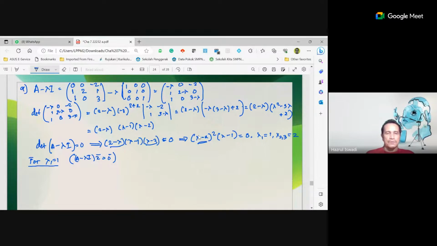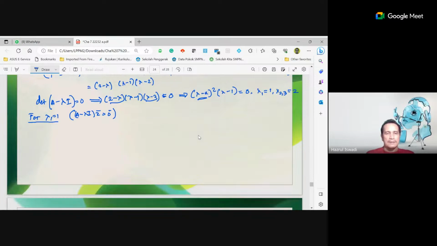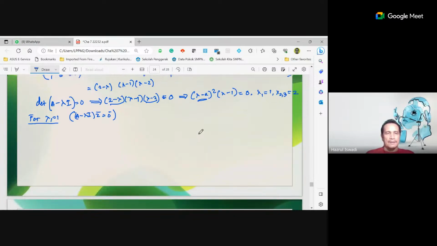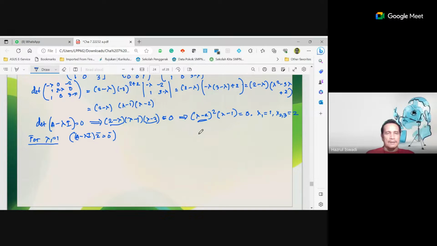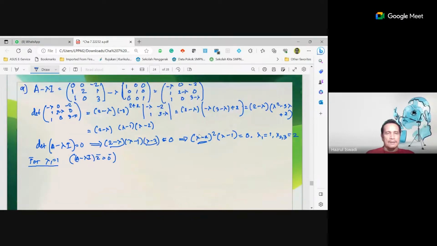We substitute lambda by 1, so the diagonal becomes -1, 1 and 2. We have -1, 0, -2 / 1, 1, 0 / 1, 0, 2, multiplied by x1, x2, and x3.